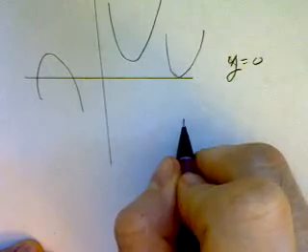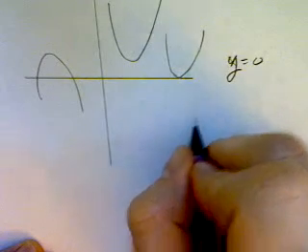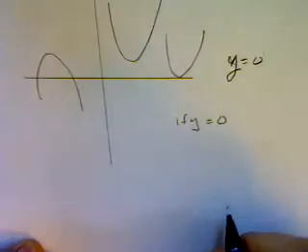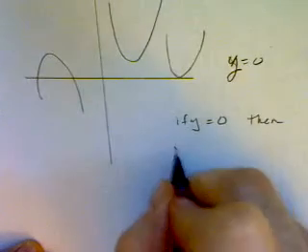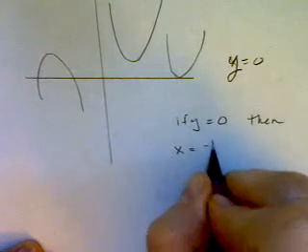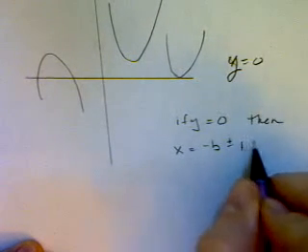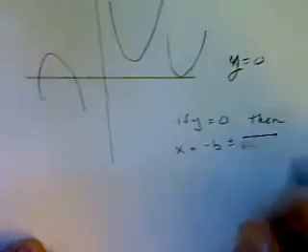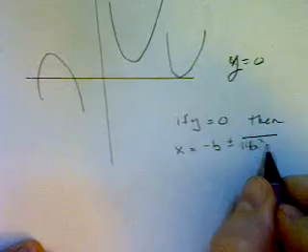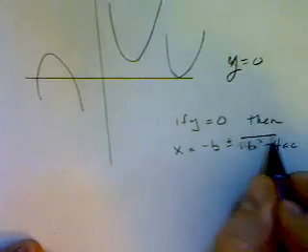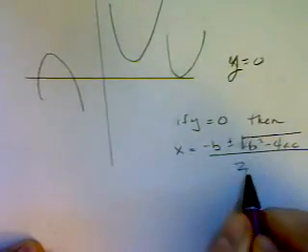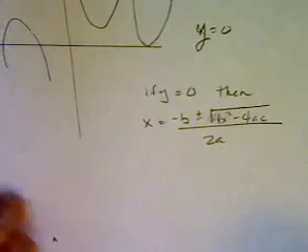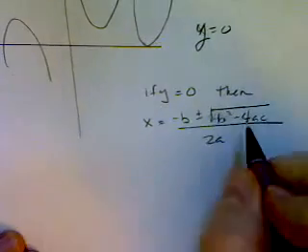Our quadratic equation: if y equals 0, then x can be found as negative b plus or minus the square root of b squared minus 4ac, over 2a.